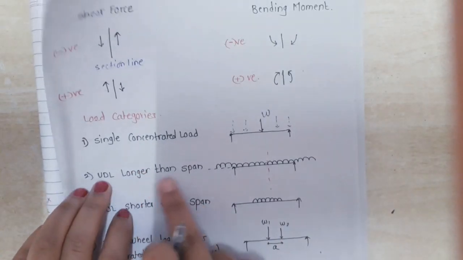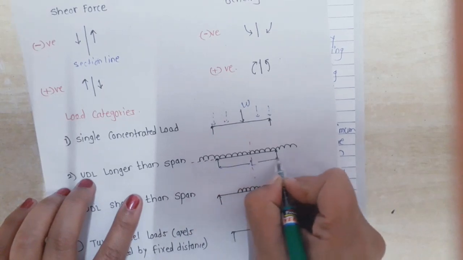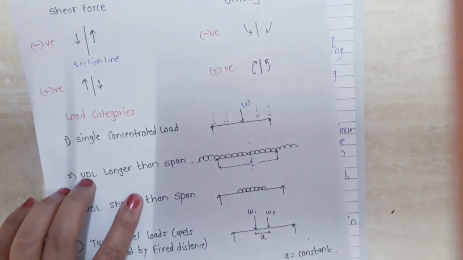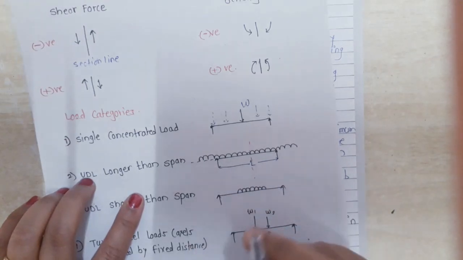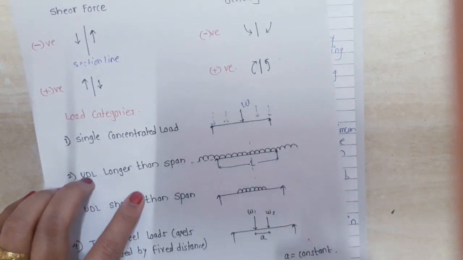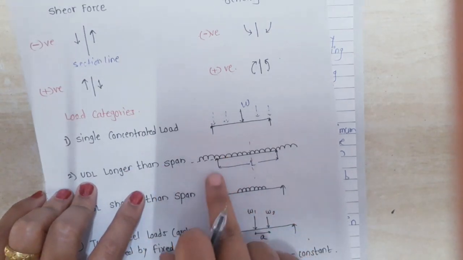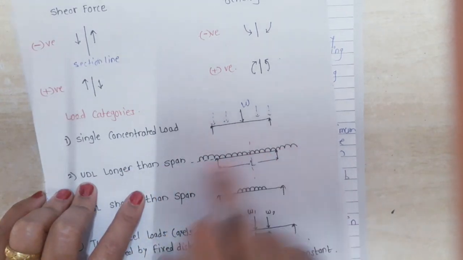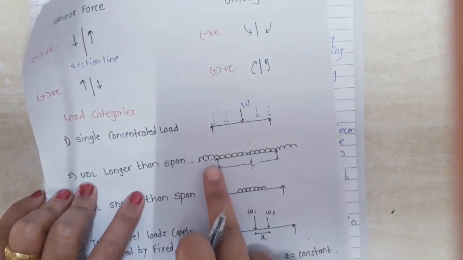Second one is a UDL longer than the span. If there is a span having length L, here is a section line, the length is L but the UDL length is A, so it is longer than the span. It means the UDL is acting over or beyond the span.